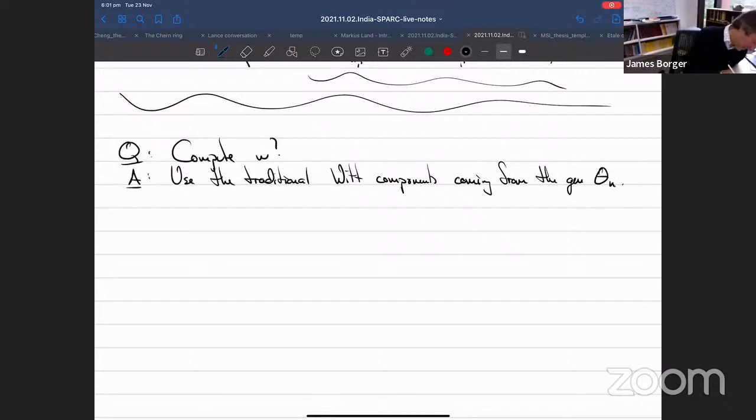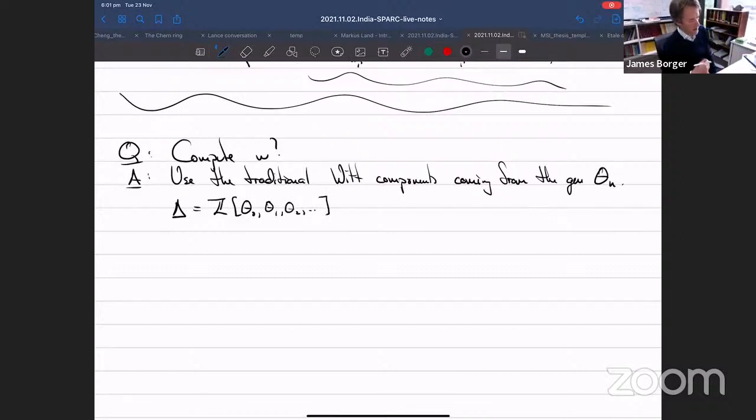Recall that I asserted, I didn't actually prove it, that to prove it you need a slightly complicated inductive argument using some subtle congruences. But these theta n operators freely generate delta, where the theta n's were defined recursively by the following condition.